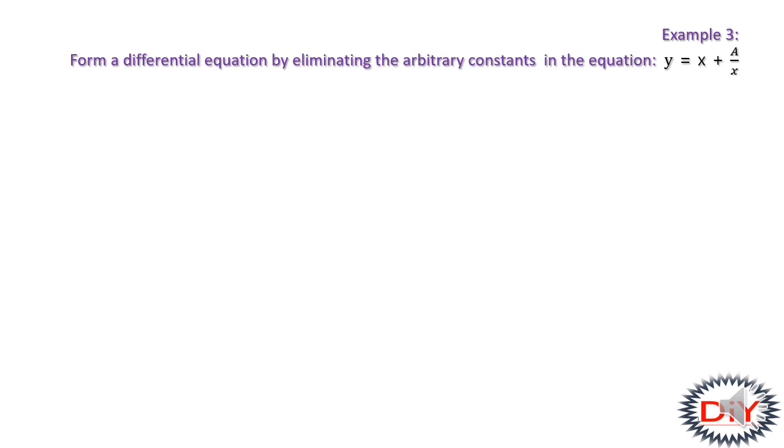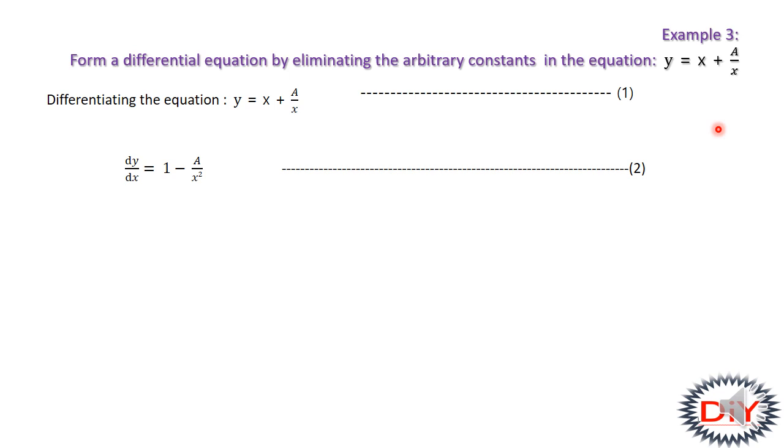We differentiate y, which is dy/dx, differentiate x, and differentiate a over x. I hope you can still remember how we do all these. Now, as our first step, we differentiate the equation y equal to x plus a all over x, and we get dy/dx equal to 1 minus a over x squared.